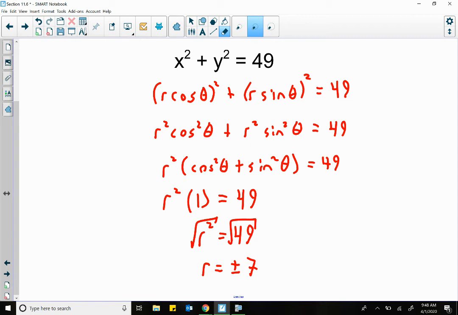So that makes sense that this is the final equation in polar, because all you were doing is converting this to a circle equation in polar coordinates, which for a circle is just r equal to plus or minus your radius. Okay?